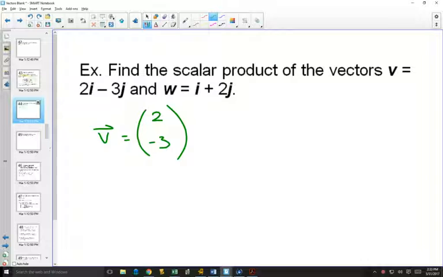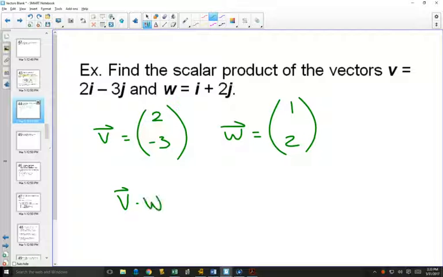So we have v is (2, -3), and w is equal to (1, 2). If we wanted to find the dot product of these, well, we would multiply 2 times 1 and -3 times 2, and we would get the scalar product, or the dot product, of these two is -4.